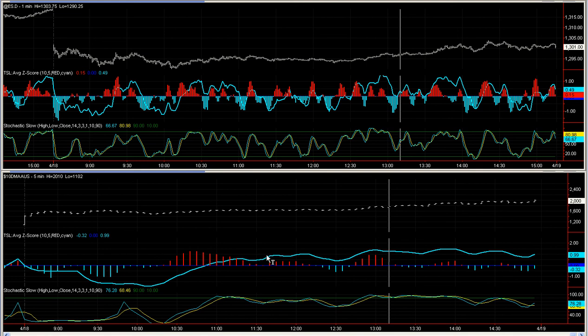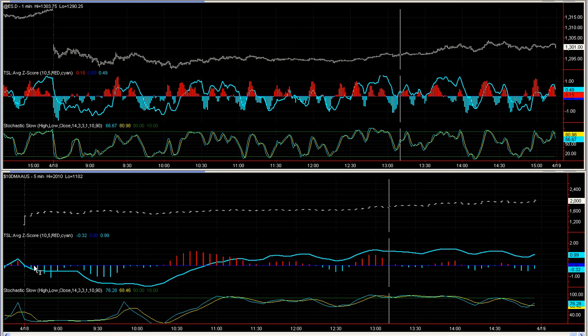Now, another way to look at the short-term trend is to take the moving average data feed that we just referred to. In this case, we'll take the 10-day, and we'll set it to a 5-minute chart, and we'll run z-score on it. And we would apply the rule this way.